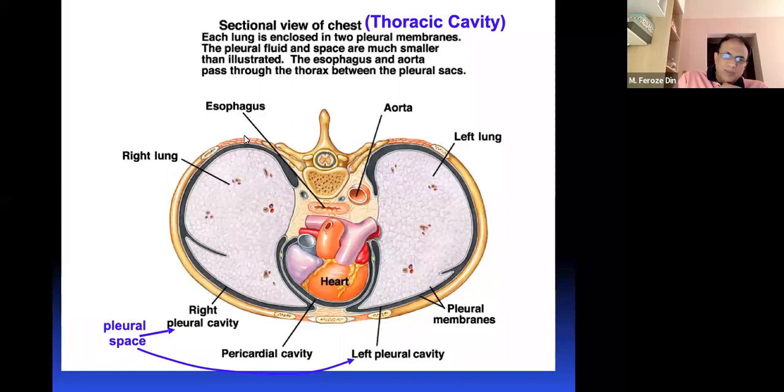And it is in this space you have a slight amount of fluid, and the lungs are able to slide freely within the chest wall because of this lubricating pleural fluid. And we shall see that the pleural space, although it's a potential space because they're stuck together by surface tension, can become significant in certain pathological situations.